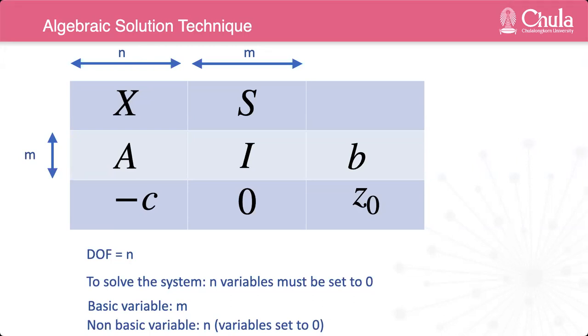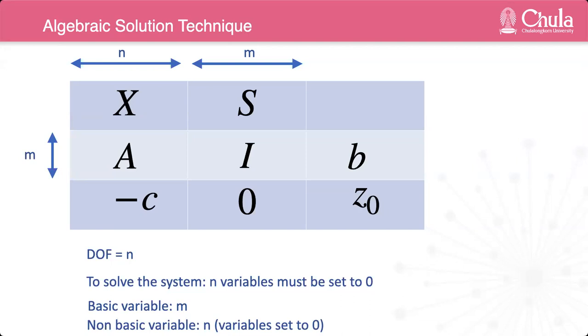We have to define at least n variables, right? Because the degree of freedom is n. So n variables out of n plus m must be defined, right? You have to guarantee that the degree of freedom must be 0.